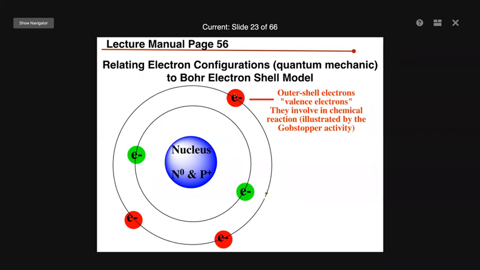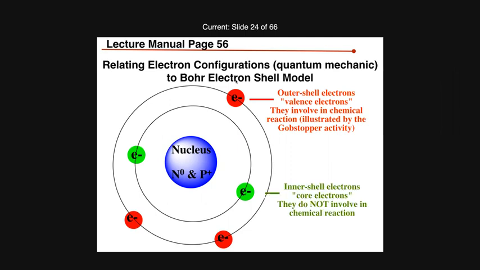So the outer shell electrons are involved in the chemical reaction. The inner shell electrons, which we refer to as core electrons, do not get involved in chemical reactions at all because they are stable. They already have a strong interaction with the nucleus, and they don't want to be lost or gained by any other element.